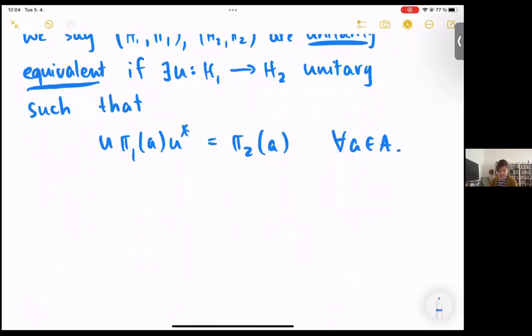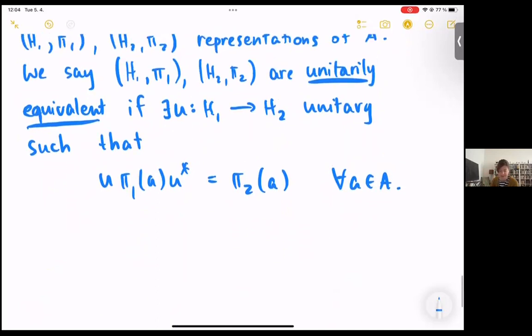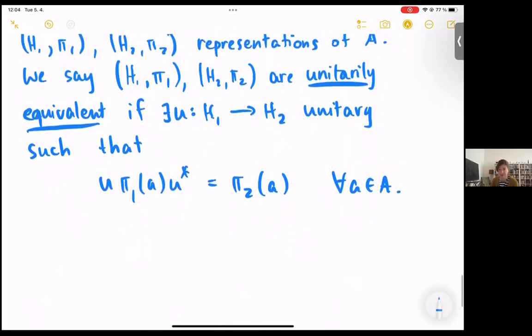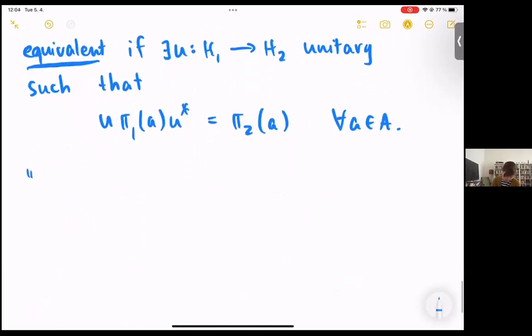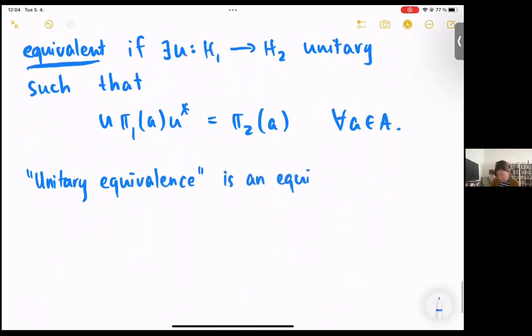Okay, so with a moment's thought, you get that unitary equivalence is indeed an equivalence relation on the representations of a C-star algebra. So that's not so hard to show.